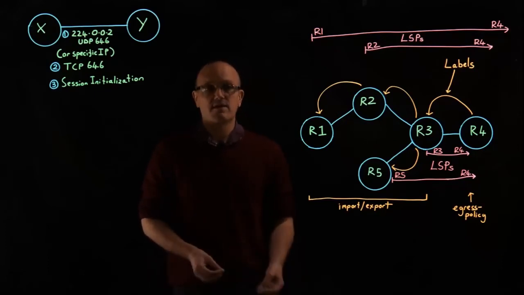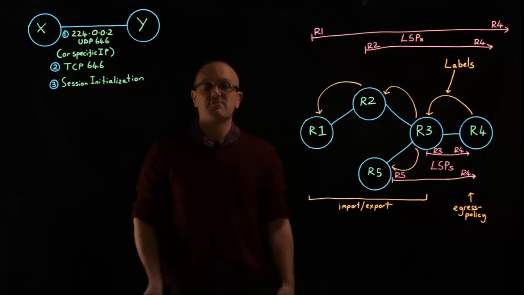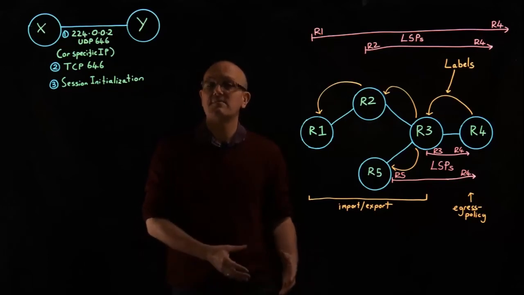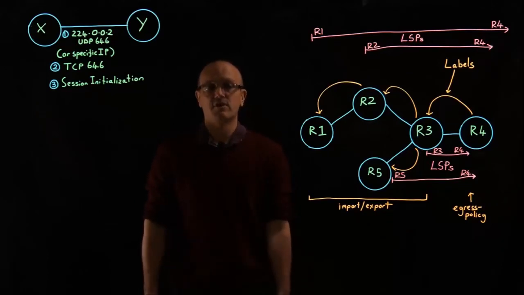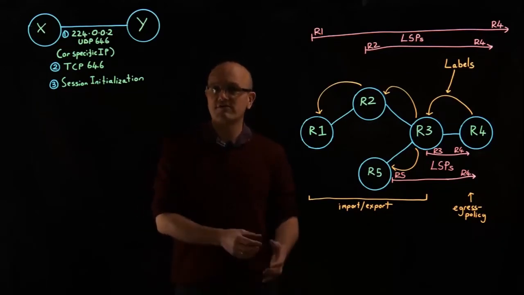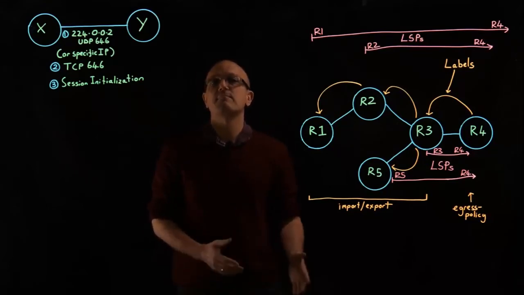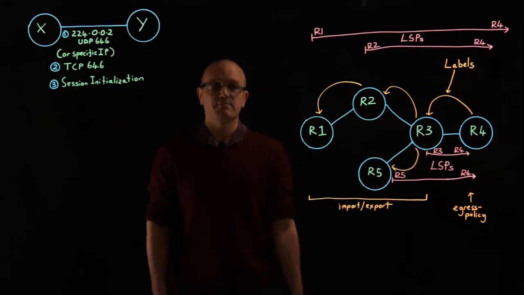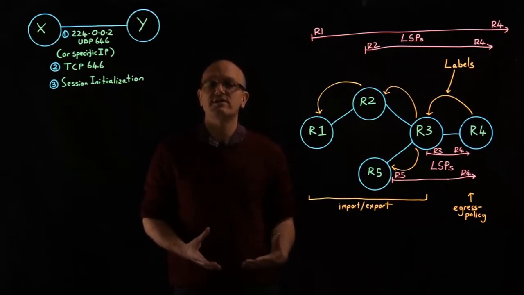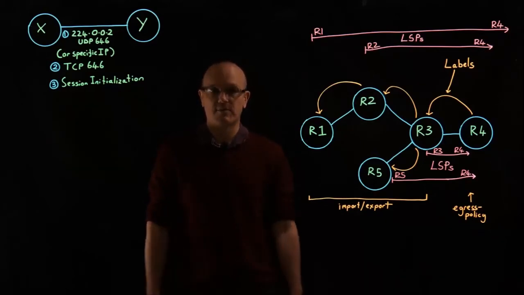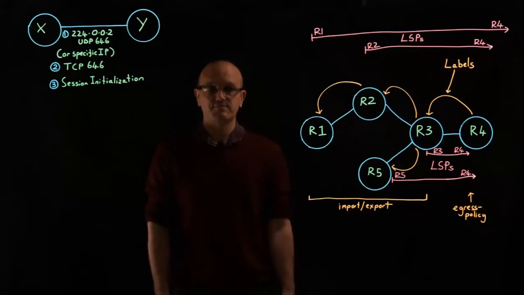So it would be a group of IP destinations that sit behind the same egress LSR, for example, so that we're forwarding packets to all of those destinations via exactly the same path through the MPLS portion of the network. And you can think of this as loosely equivalent to a label value in LDP.